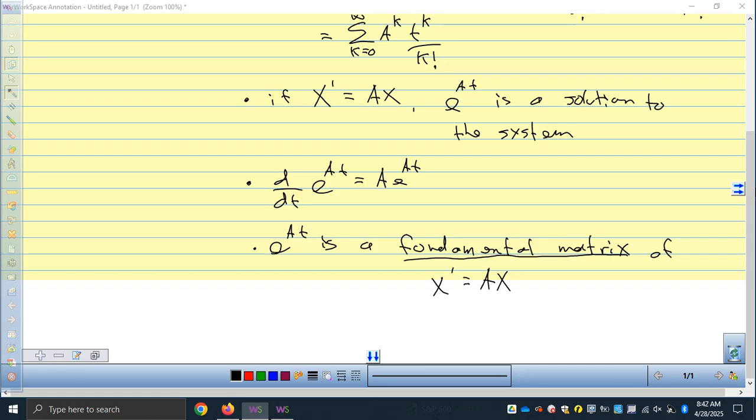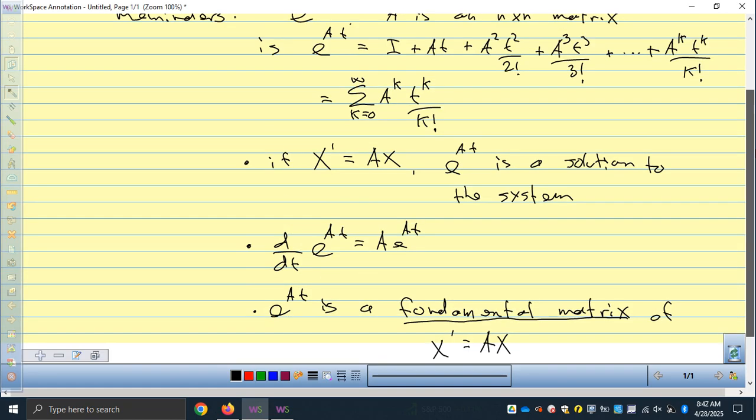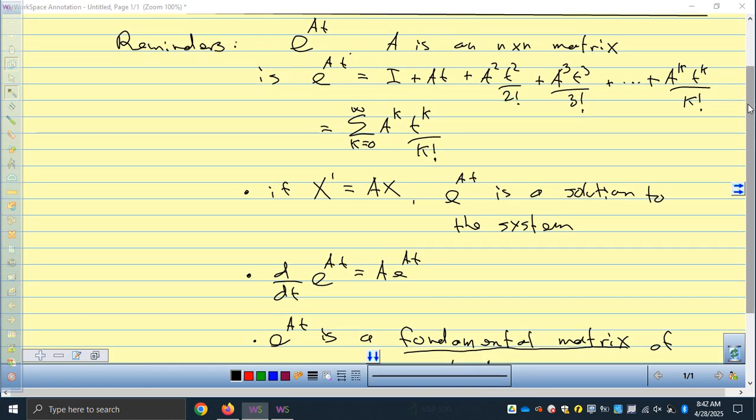And sometimes when we do these computations, the elements of the matrix are sums of power series of various functions. So it gets kind of tricky computing the matrix exponential from the definition.